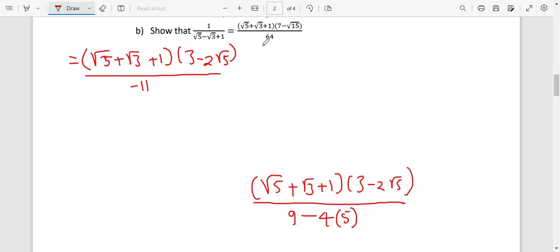Now we can see for this question what we've been asked. We want to show that the denominator should have a 64, and look also on top, we are supposed to have square root of 5 plus square root of 3 plus 1. Of course that is true with this first part, but the second one is supposed to have 7 minus square root of 15, but we have got a 3 minus 2 square root of 5.